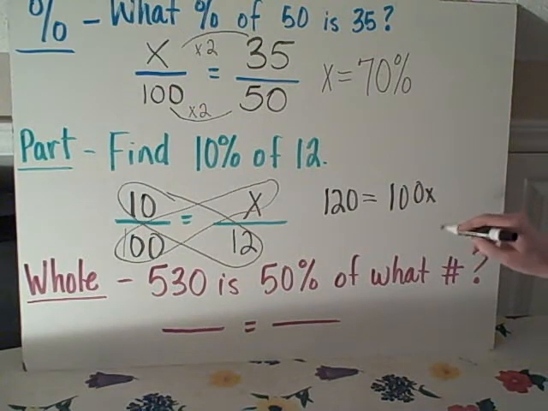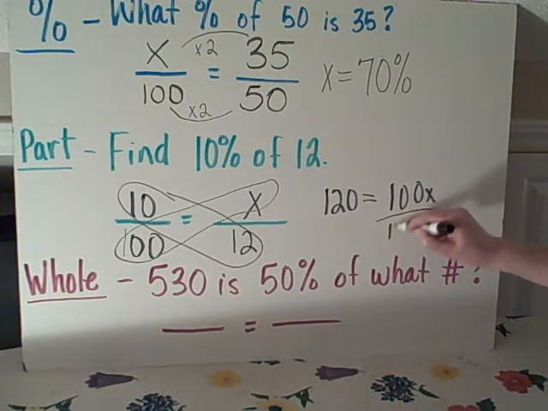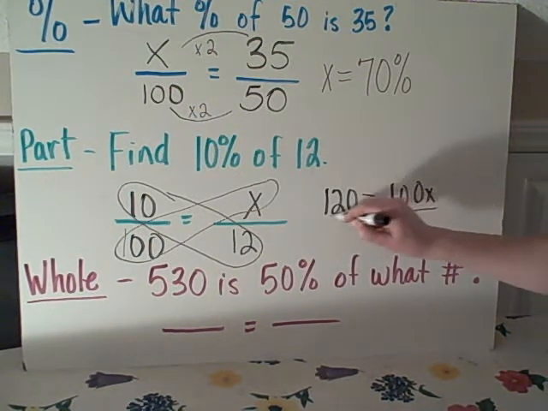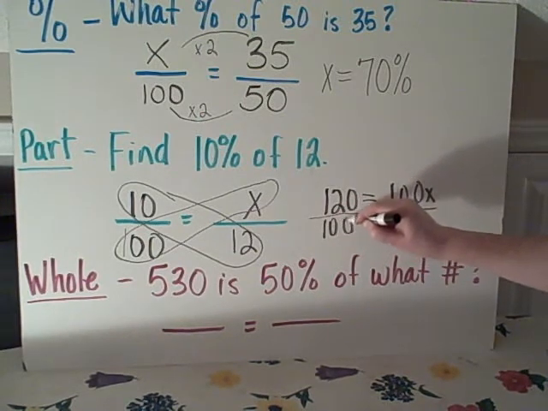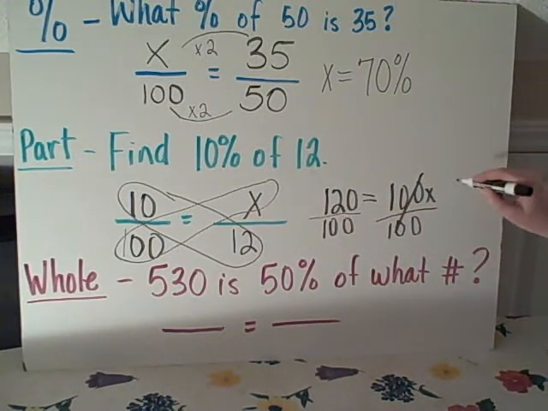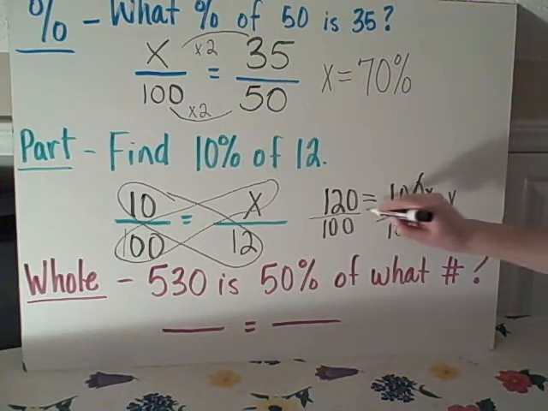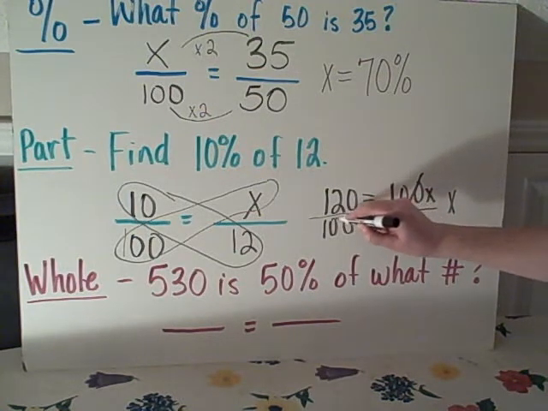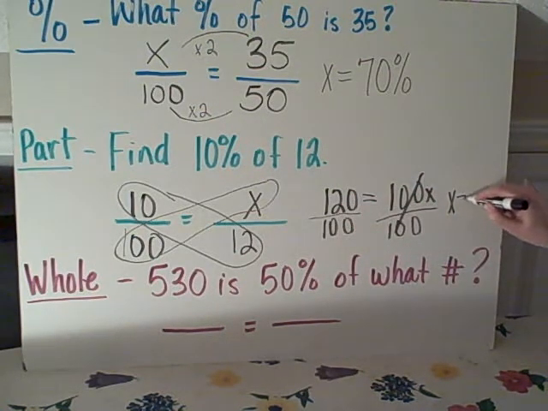To figure out what x is, remember we're going to divide by 100. And whenever I divide a number by 100, I basically am moving my decimal 2 places to the left. And so that means that 10% of 12 would be 1.2, or 1 2/10.